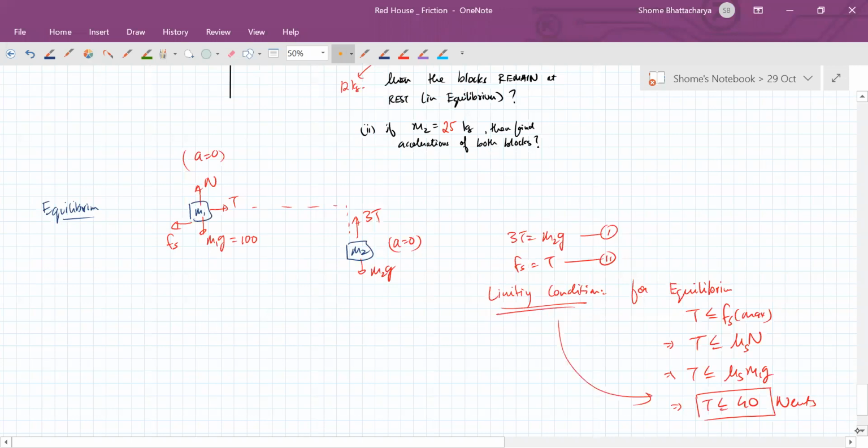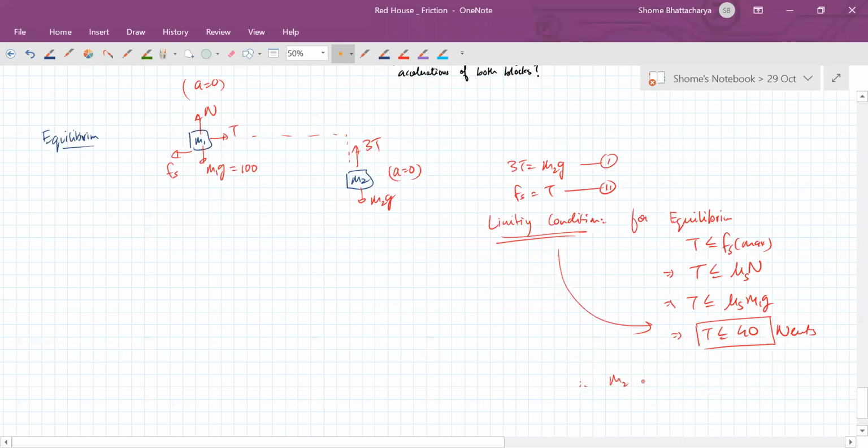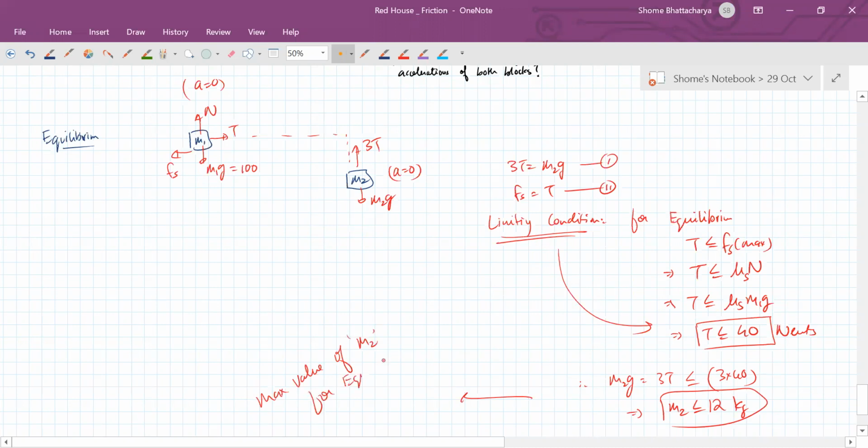So therefore M2G, which is 3T, should be less than or equal to 3 into 40. So that means M2 should be less than or equal to 12 kg. So the maximum value of M2 for equilibrium will be just about 12 kgs.